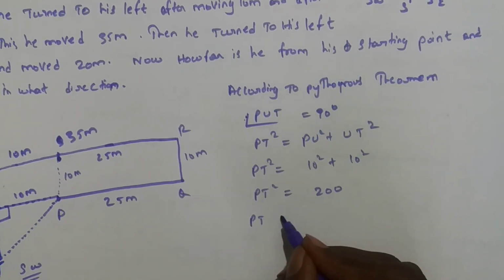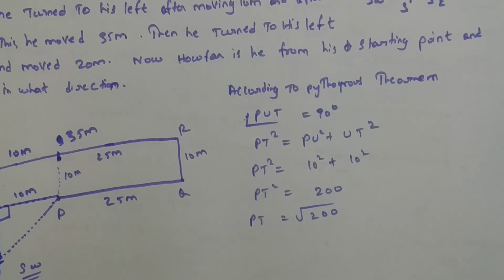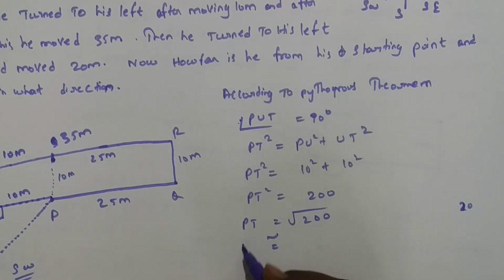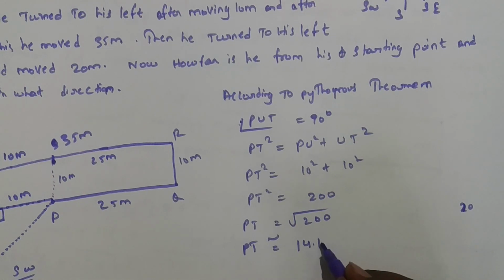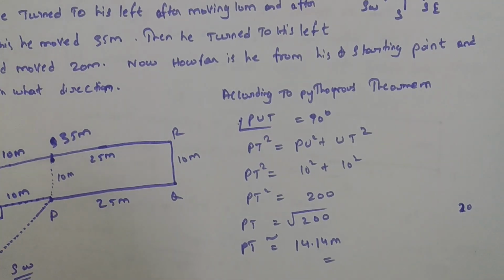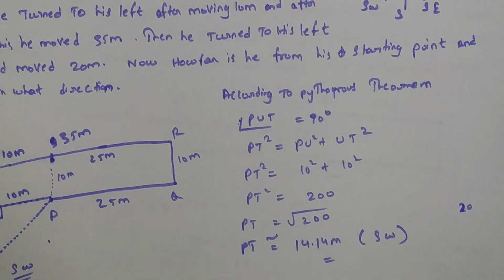Then PT is the root of 200, which is approximately 14.14. So the distance from the starting point to the ending point is 14.14 meters, and the direction he traveled is southwest. This is the answer.